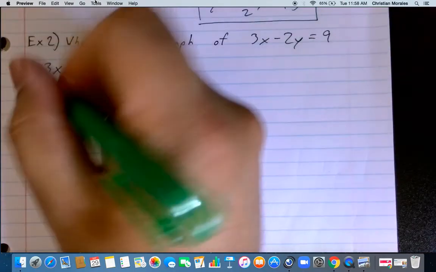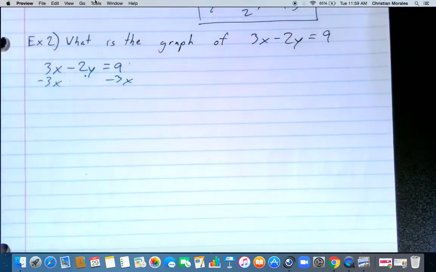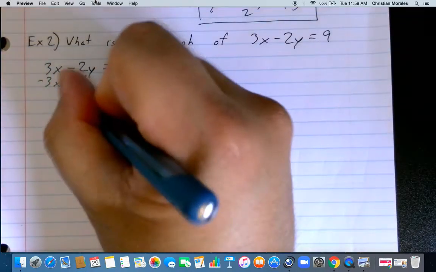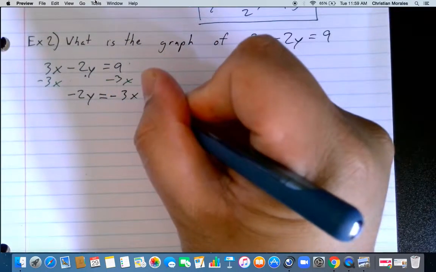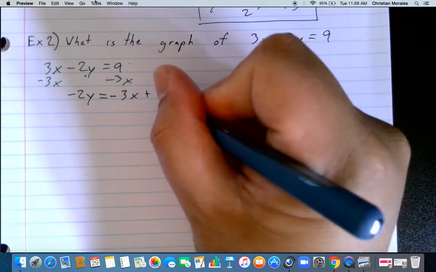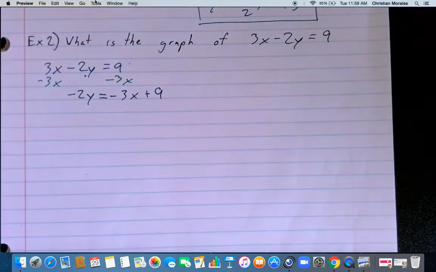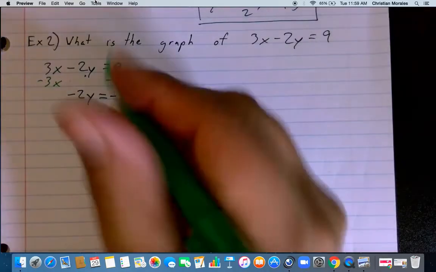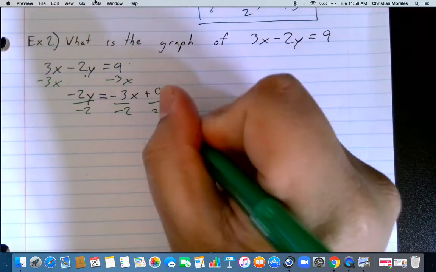So I'm going to move the 3x, minus 3x to both sides. And then again, they don't mix. I just write them together. I need to divide this by -2, but I divide everything by -2.